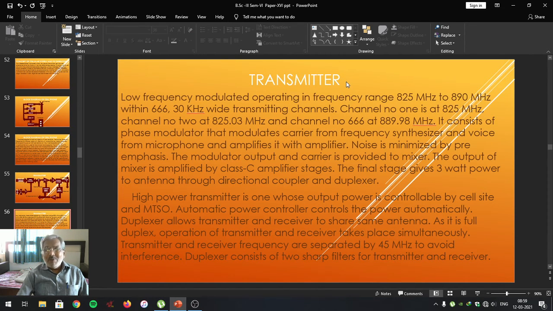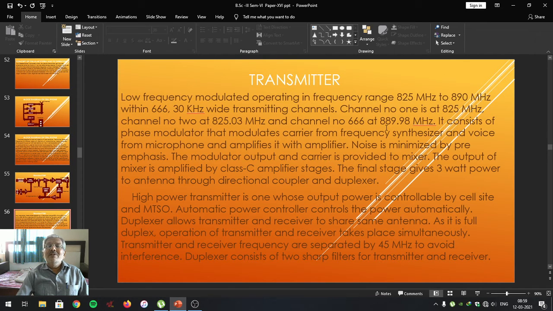This cell phone operates within the frequency range with a transmitting frequency of 825 MHz to 890 MHz. They contain 666 channels with 30 kHz bandwidth.